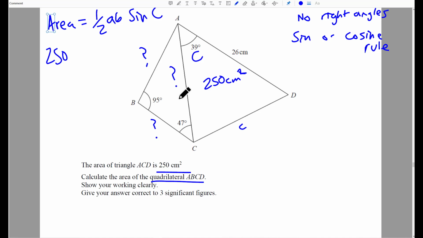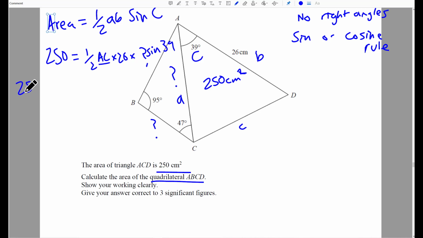So let's call this A, and let's call this B. So let's substitute, or just to make it easier, we can call that length AC. So we've got a half AC, that's that length, times 26 times sine 39.